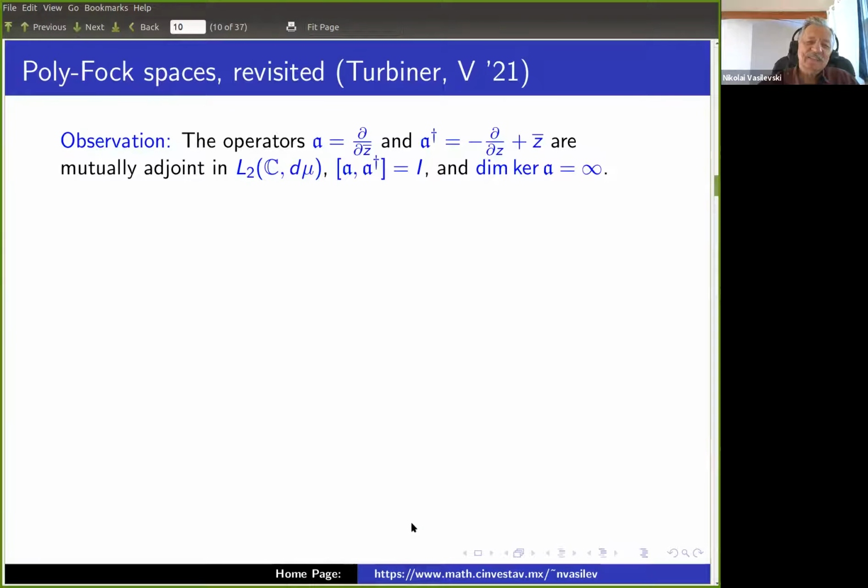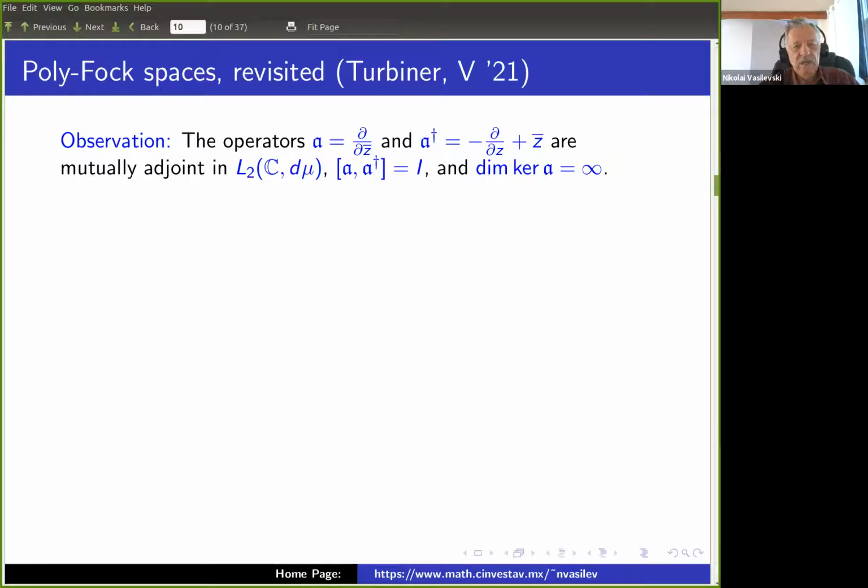Now, this is the result of a very recent paper where we revised, or looked in another form, at polyanalytic poly-Fock spaces. The first very important observation is that our operators A and A dagger, which we already know, are mutually adjoint and densely defined in the L2 space over C with Gaussian measure.